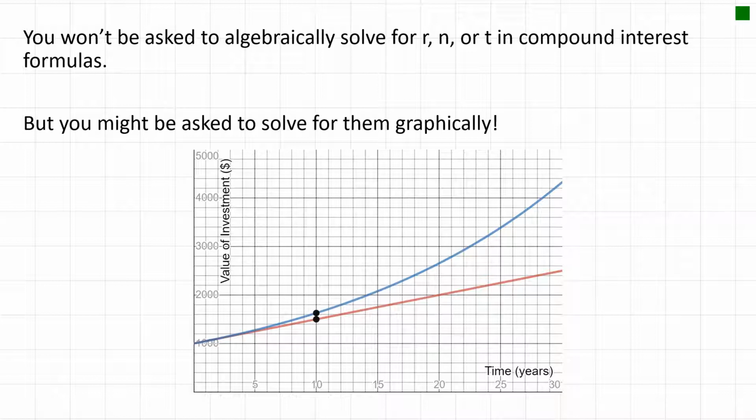So for example, if we have a graph of this $1,000 investment, you can see that was worth $1,000 at the beginning, and we wanted to know how long it would take for that investment to be worth $3,000, we could look at the graph, locate 3,000, and then trace over and say that the investment would be worth $3,000 after about 22.5 years.